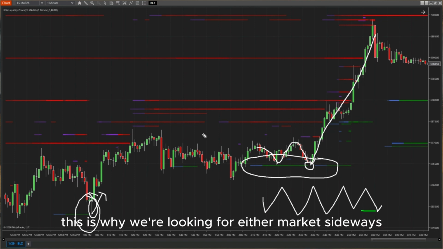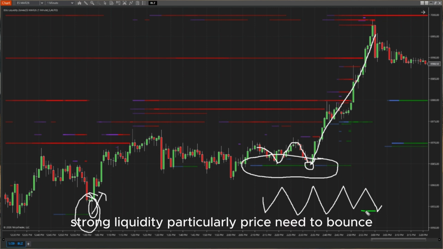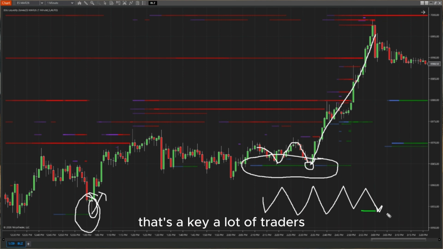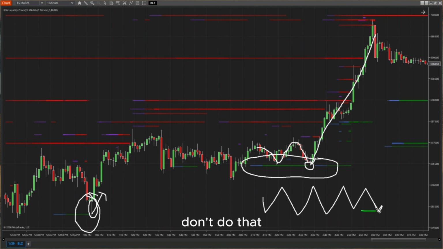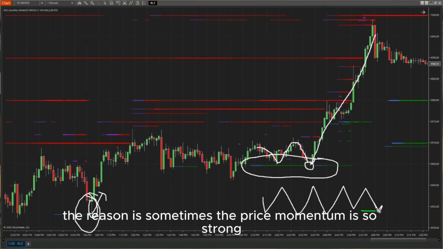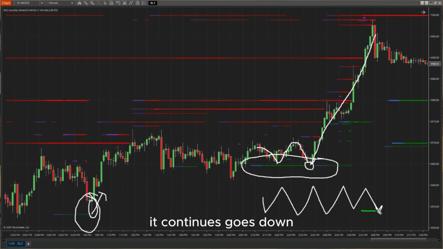This is why we're looking for either the market sideways, look for the strong liquidity. Particularly, price needs to bounce. That's a key. A lot of traders, our new customers, make this one mistake. Just because the liquidity is there, they will take it as soon as the price comes near it. No, don't do that. The reason is sometimes the price momentum is so strong it continues going down.